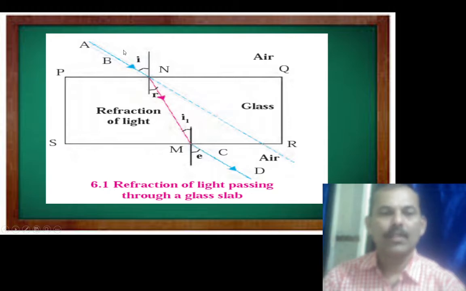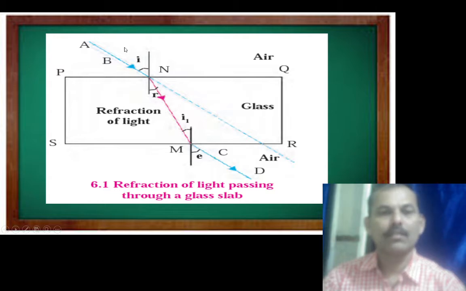But if you keep this glass slab within its path, this ray changes its direction here, and instead of going straight, it changes its path here because there are two mediums here.